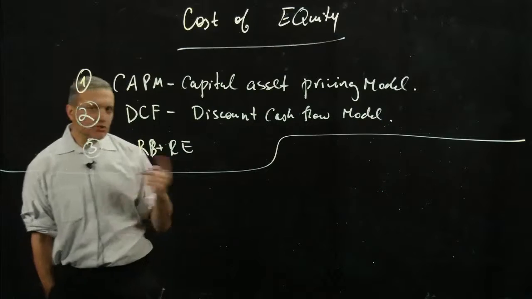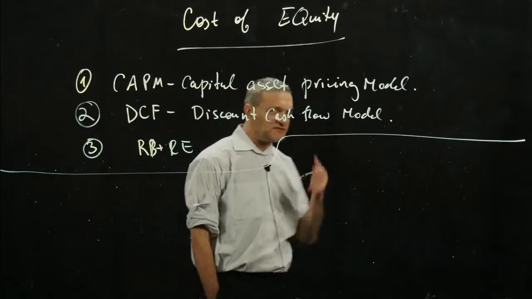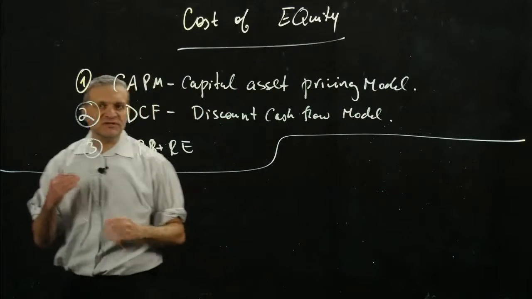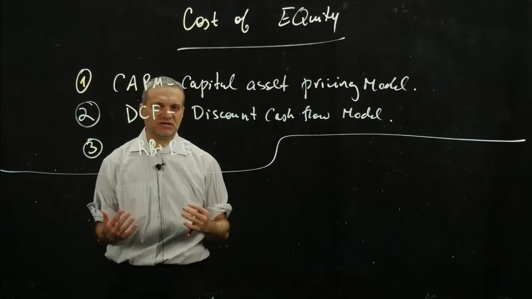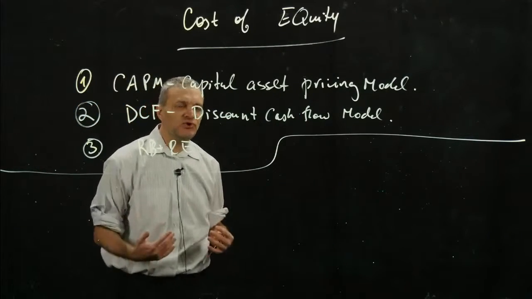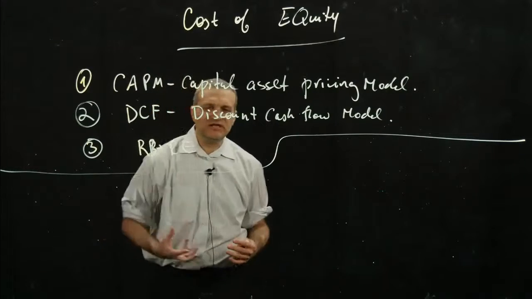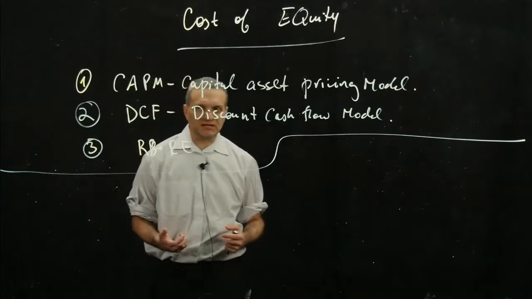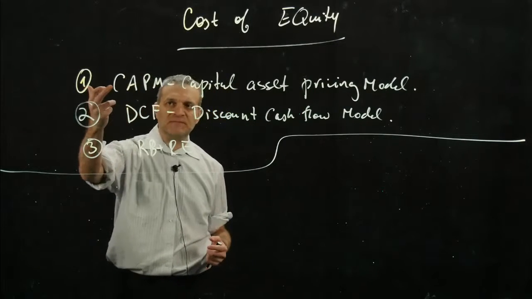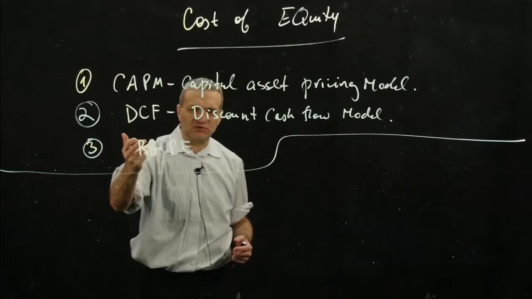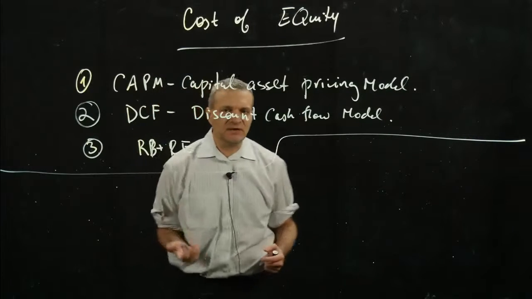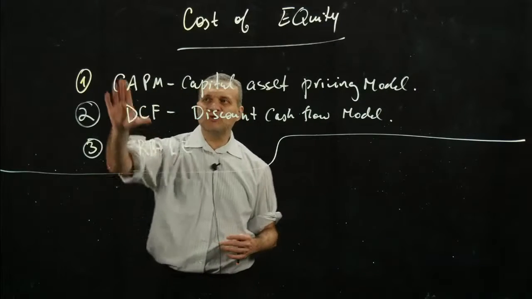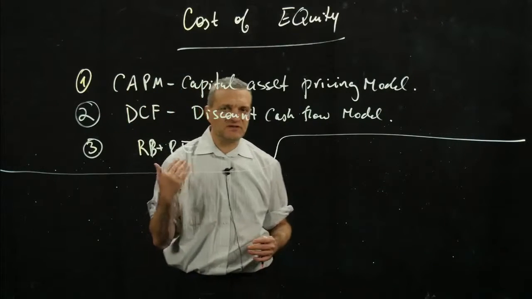The good thing about having three ways and not one is that you can consider them complementary to each other. As I said before, in the financial industry it's very important to have robustness checks. If you're doing it through the CAPM, the discount cash flow, and the risk premia methodology of equity versus bonds, you're going to get three different numbers.